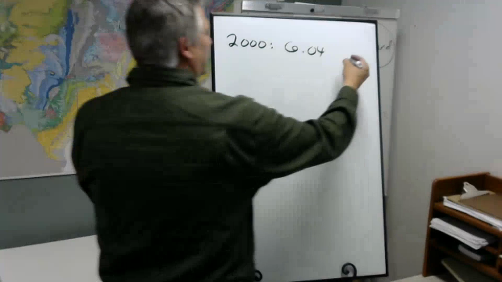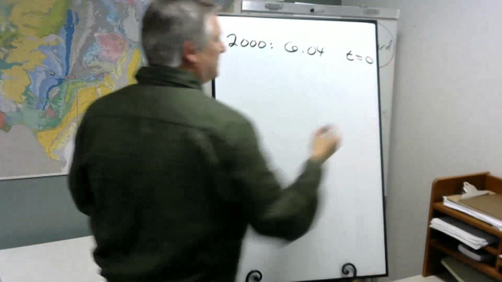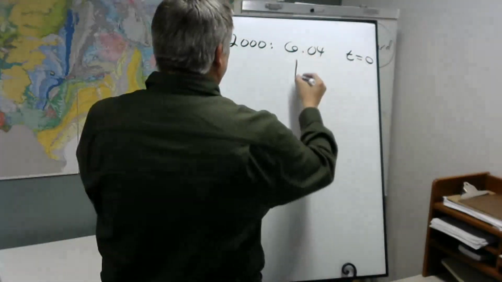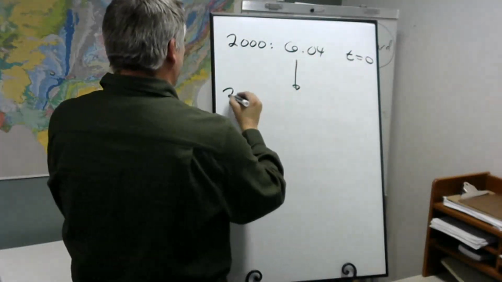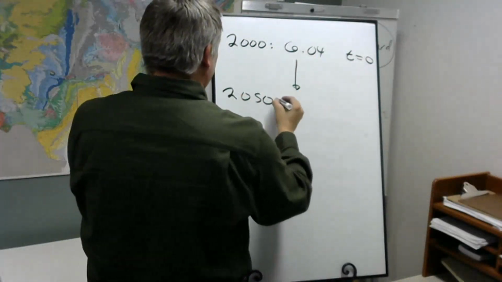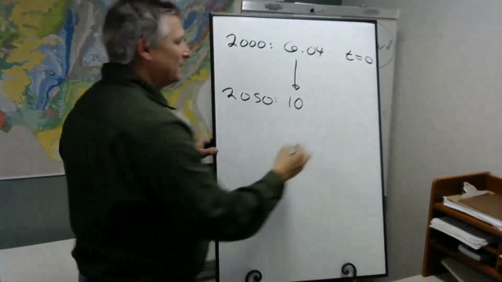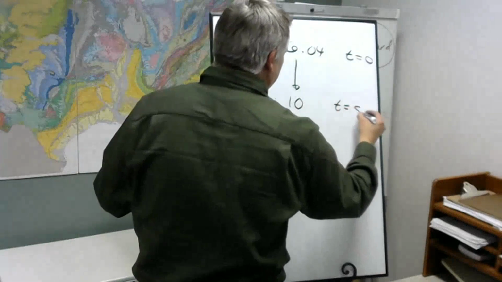And this is for t equals 0, because remember, t is years after 2000. And it's projected that in the year 2050, the population is now 10 million. That means t equals 50.